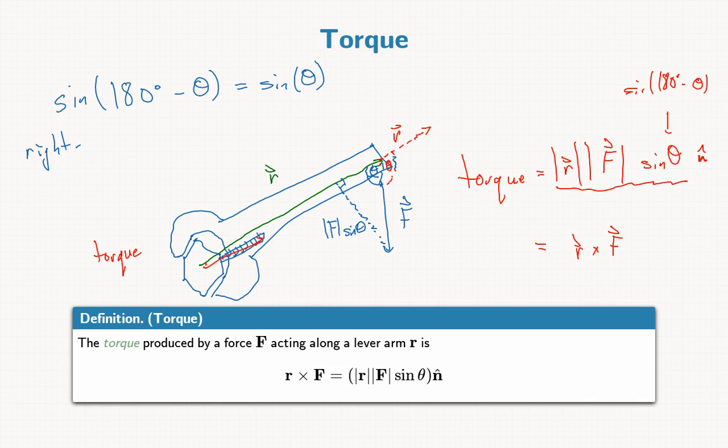The right-hand rule is saying that curling from R in the direction of F will be clockwise. And so our convention for bolts is that turning clockwise will screw it in, and turning counterclockwise will screw it out.